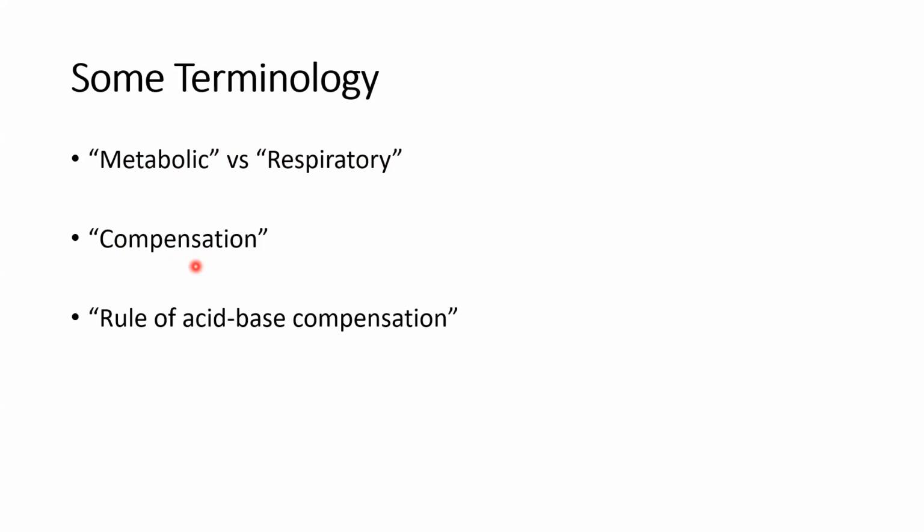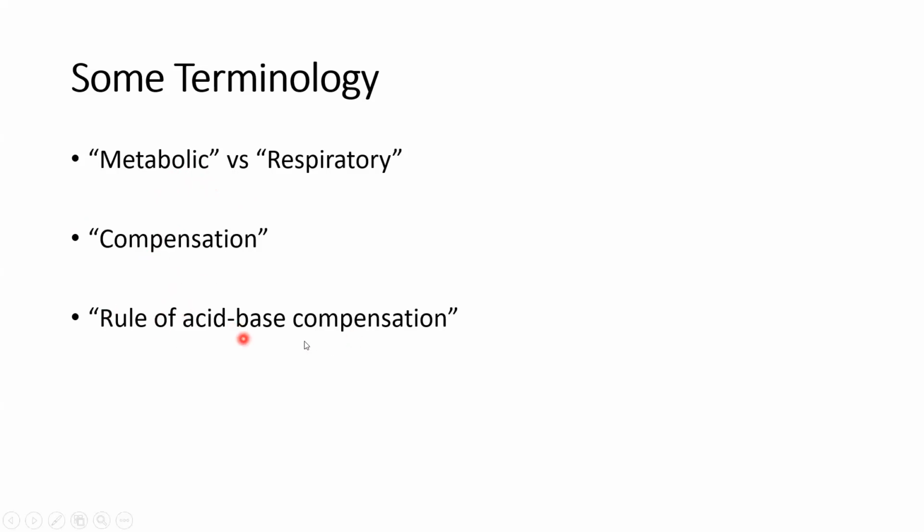The word compensation basically means that whatever original insult was done to the pH, the acid-base balance of the body, the other system, which was not the culprit, will try to compensate for what the culprit did. You will understand this further when I explain.